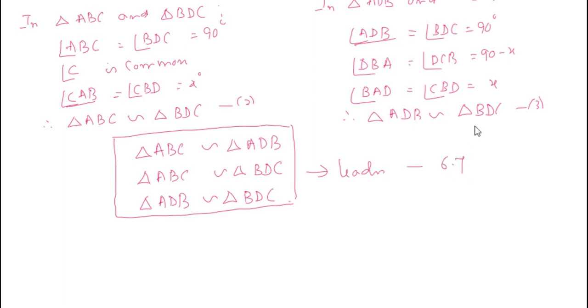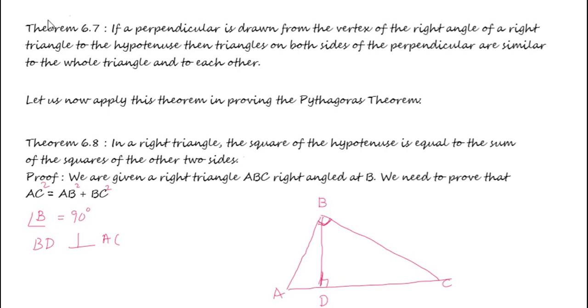Let us see what theorem 6.7 states. Theorem 6.7 states that if a perpendicular is drawn from the vertex of a right angle of a right triangle to the hypotenuse, then the triangles on both sides of the perpendicular are similar to the whole triangle and each other. So this is what we just now proved.